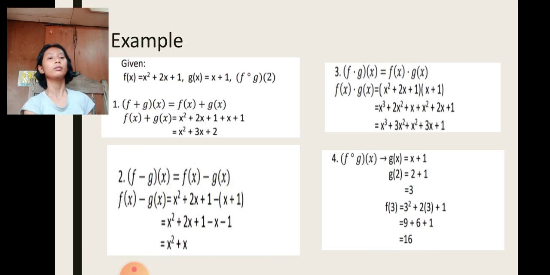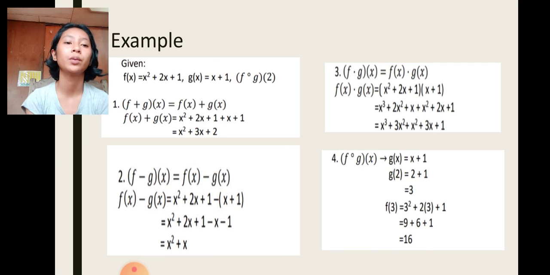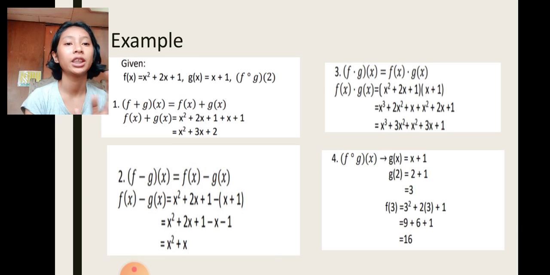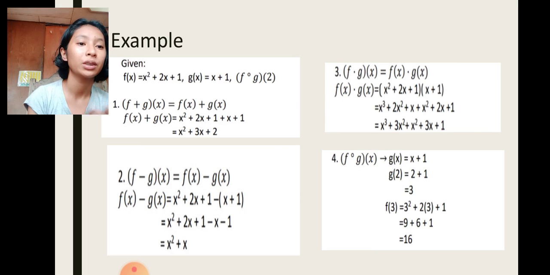Number 4, f composed with g of x, where g of x is equal to x plus 1, and we want g of 2, where the value of x in the given is 2. So we substitute the value of x with 2. 2 plus 1 is equal to 3.